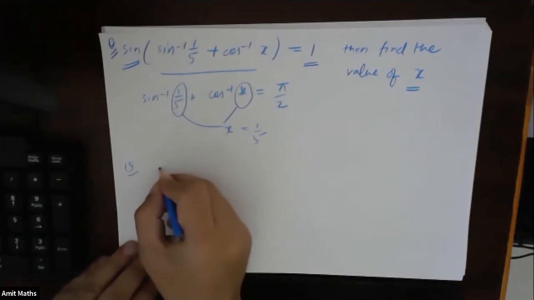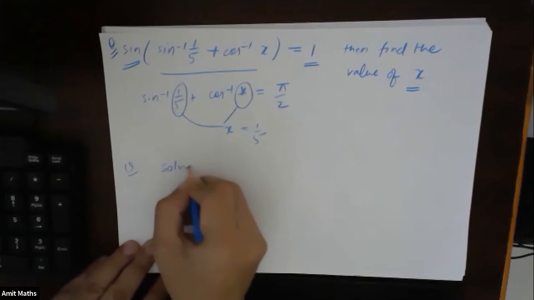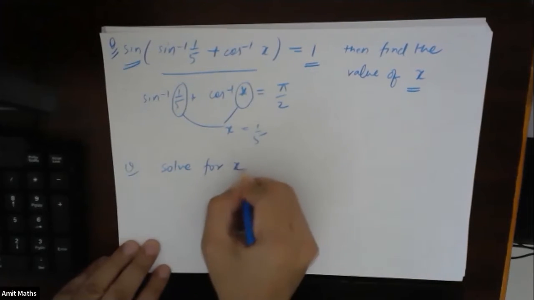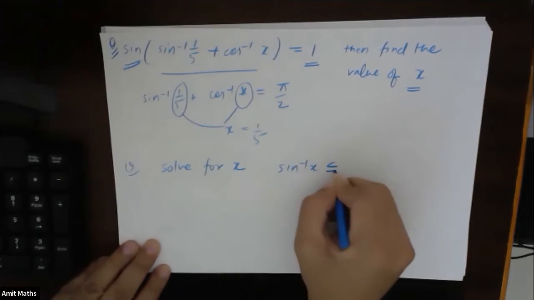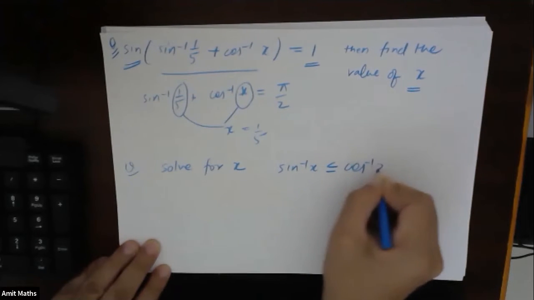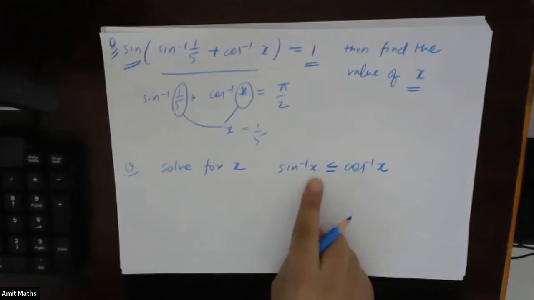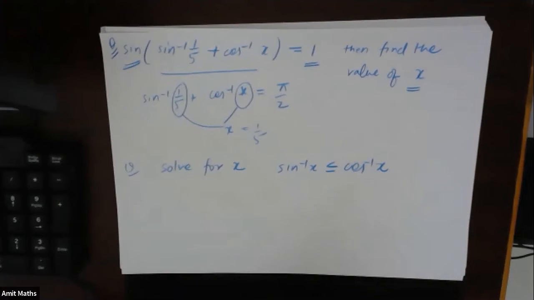Okay, let's solve. So now solve for x such that sine inverse of x should be less than or equal to cos inverse of x.